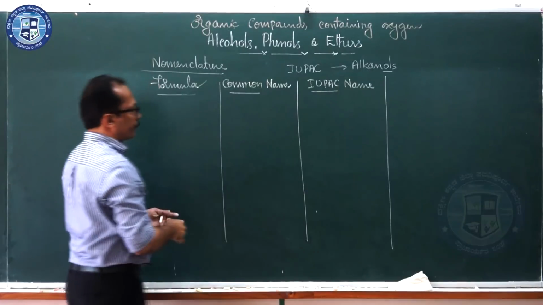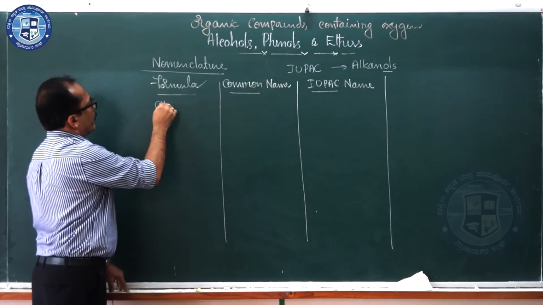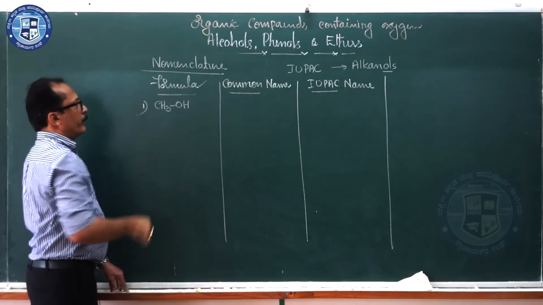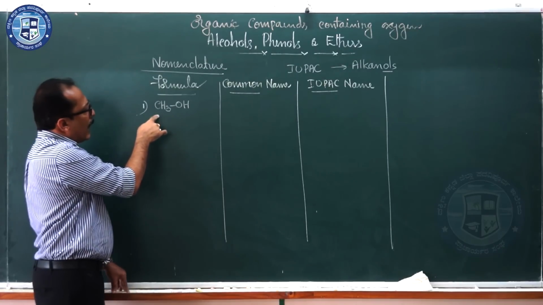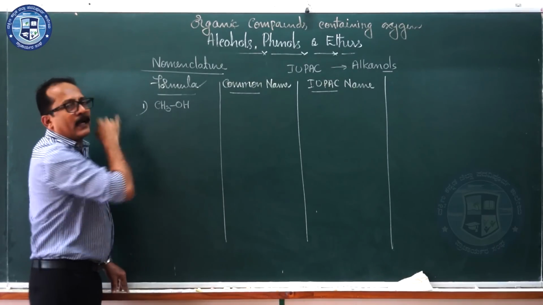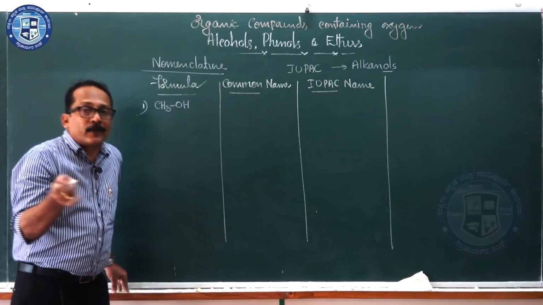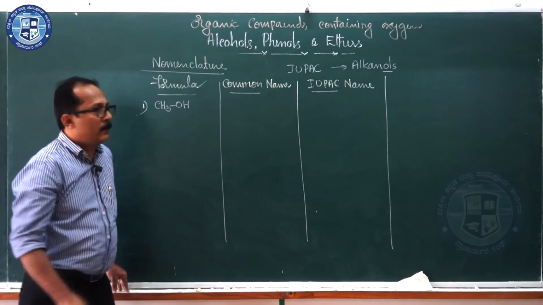Now, see, the first compound, the formula of the compound is CH3OH. Here, in common system, name is derived from the alkyl group. Name of the alkyl group is methyl, CH3. To this name, we have to add the word alcohol.